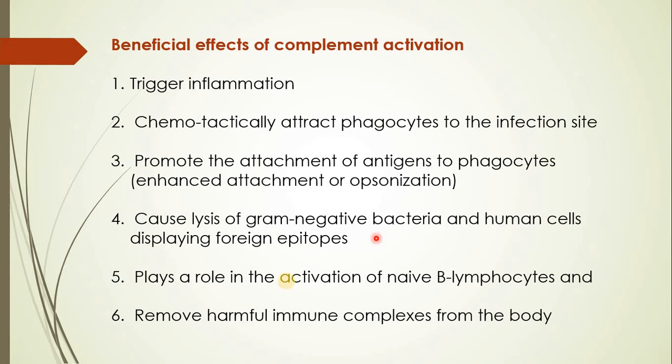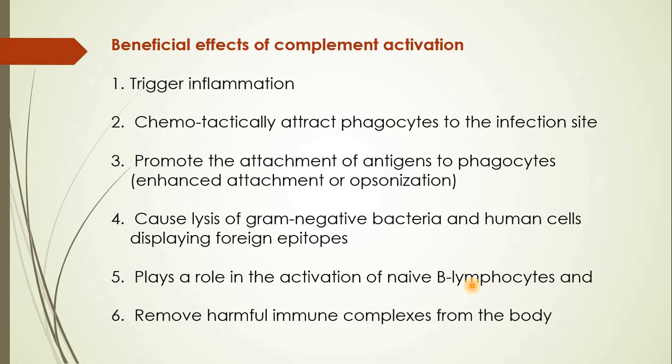Complement activation also plays an important role in activation of naive B cells, which is important so that these naive B cells get converted into effector cells and memory cells. Effector cells are nothing but plasma cells, and these plasma cells are able to synthesize large quantities of antibody. A naive B cell is functionally or biologically inactive.